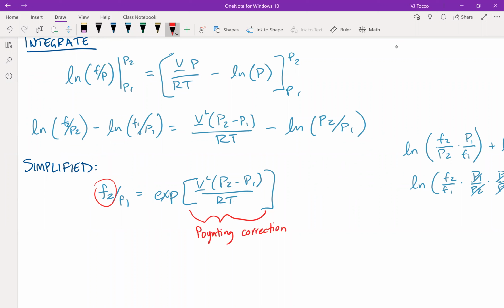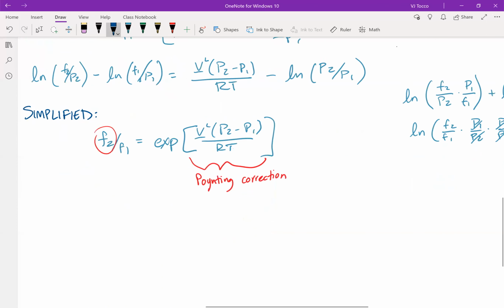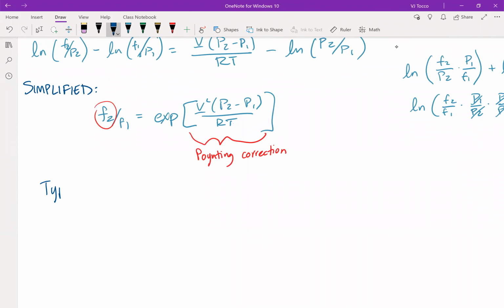All right, so because the conditions of interest are most frequently known at saturation, typically the fugacity is known at the saturation pressure, Psat. So we say that the fugacity at Psat is F saturation, or just Fsat.